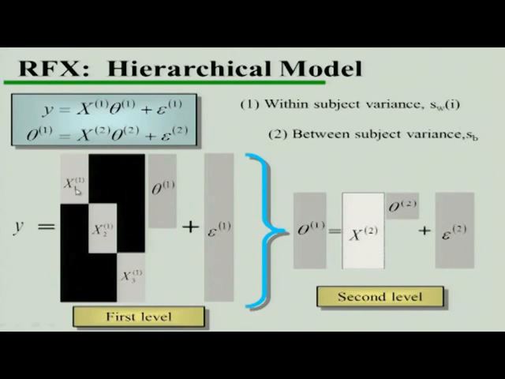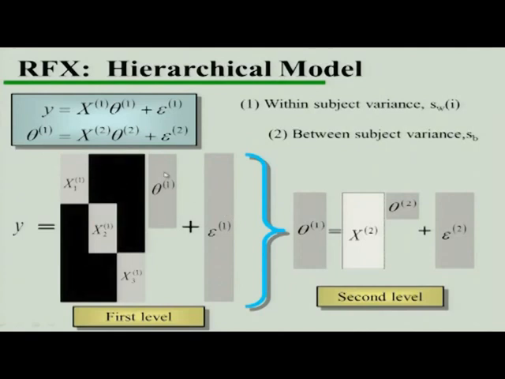Then the design matrix for subject 1 would contain all of those factors that we thought could explain the data for that subject. Similarly for subjects 2 and 3. And then the associated regression coefficients would correspond to the effect sizes for those subjects. And the variances of those errors would then be the within subject variances for subject 1, subject 2 and subject 3.